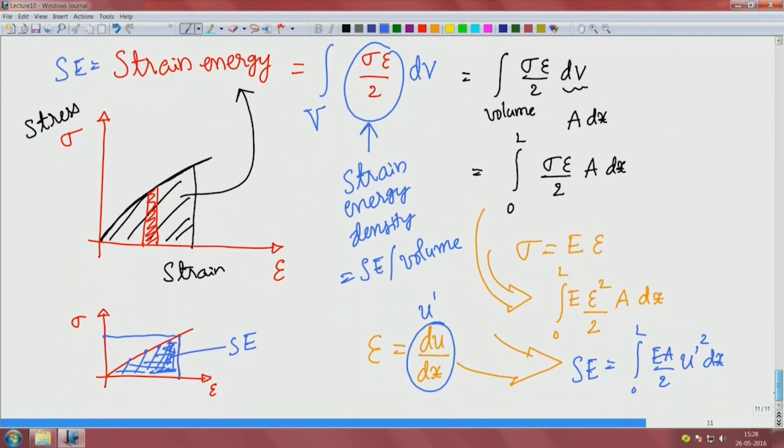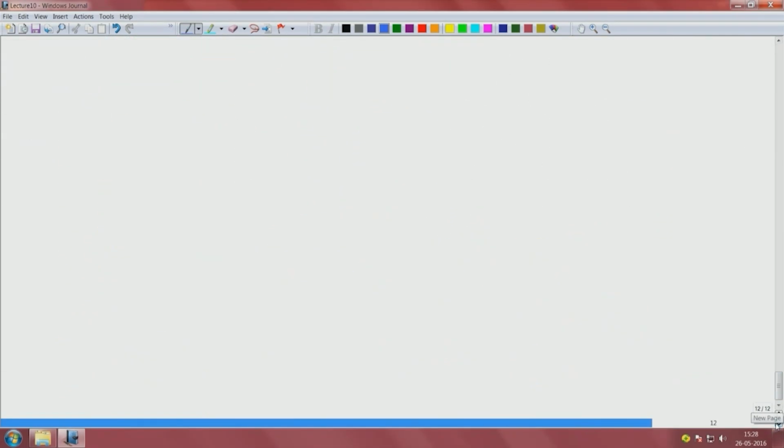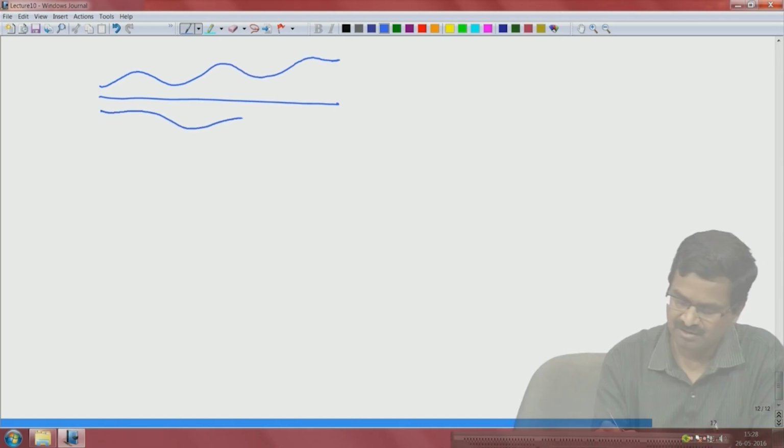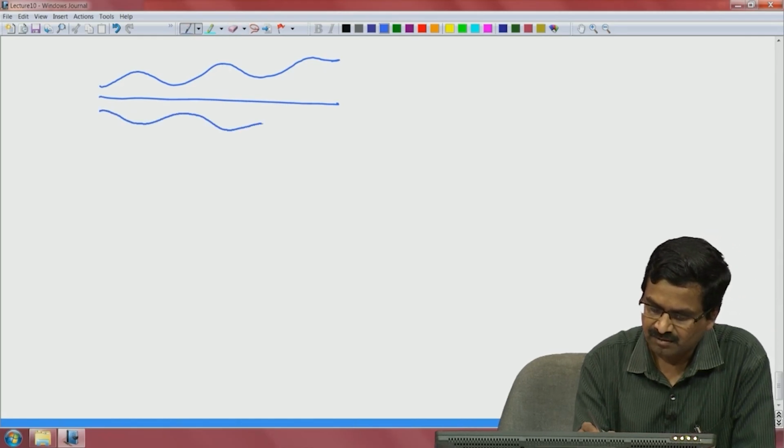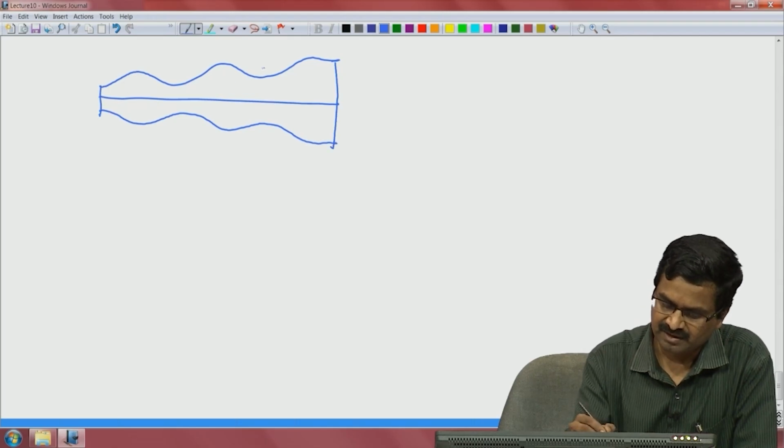So, for that, let us take a bar, let this be the axis of the bar where area of cross section is varying in some fashion, which we have to find by solving a problem. Let us say this is the bar where this is our area of cross section.